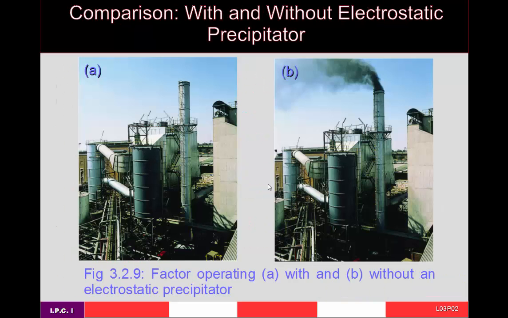So here is a nice side-by-side comparison. Here's a factory operating with an electrostatic precipitator, and here's the same factory without. Here you can see a ton of dirt, basically ash, soot, smoke, bellowing out the top of the stack. Here, if you squint right, maybe you can see a little bit, but it's not nearly as bad. So you see the precipitator actually operating here.